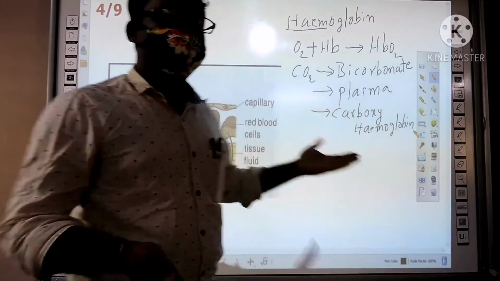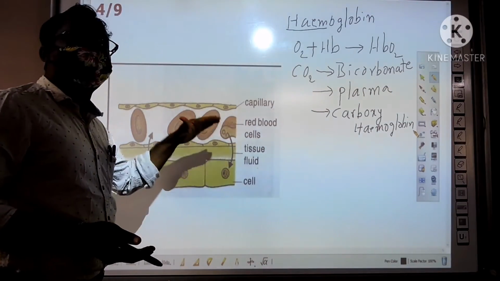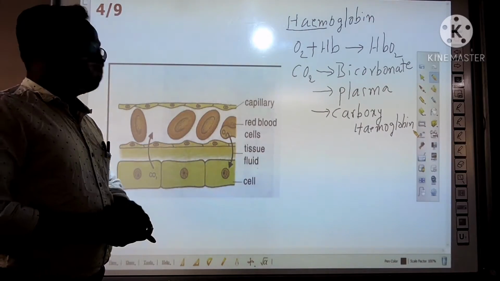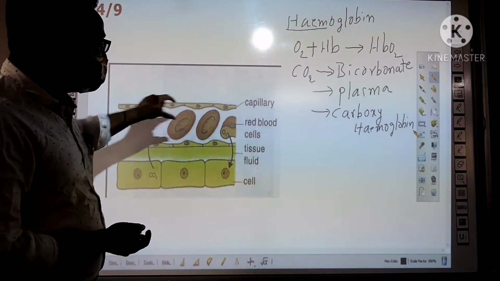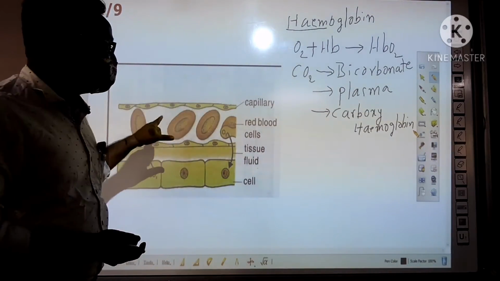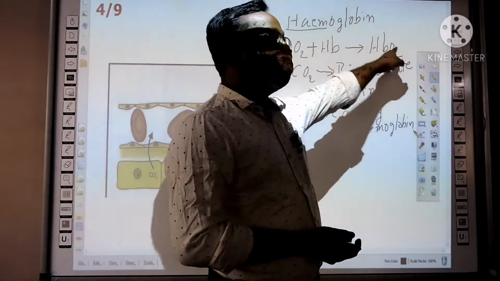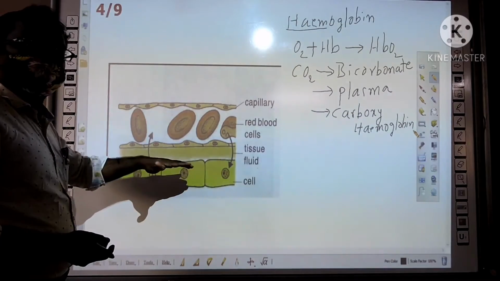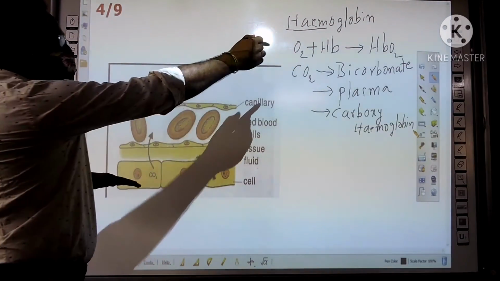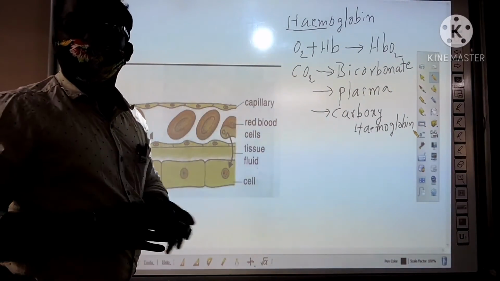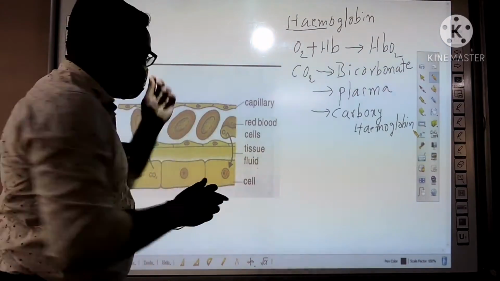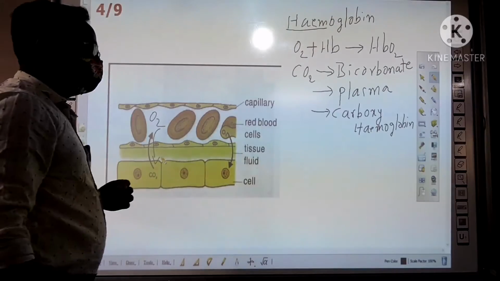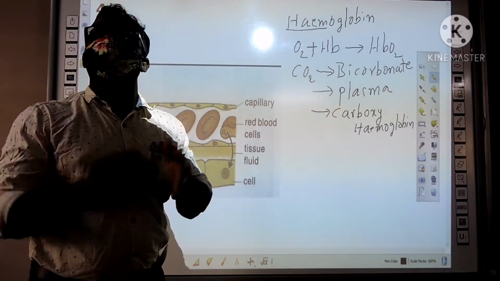So inside the cells, the oxygen level decreases. At the same time, the blood has more oxygen concentration because it has the oxyhemoglobin. So whenever there is a decrease in the oxygen levels, the oxyhemoglobin divides again into oxygen and hemoglobin. Now that oxygen enters the tissues through the diffusion process.